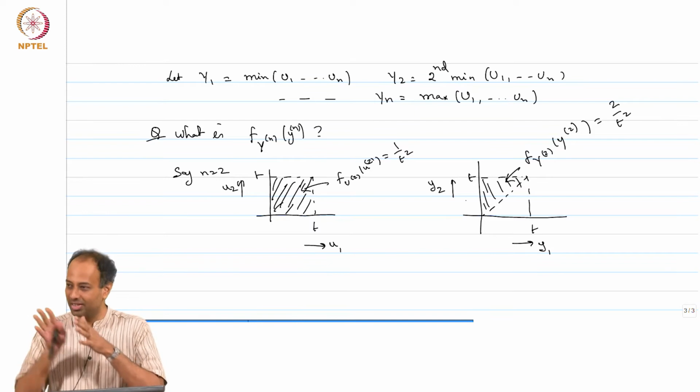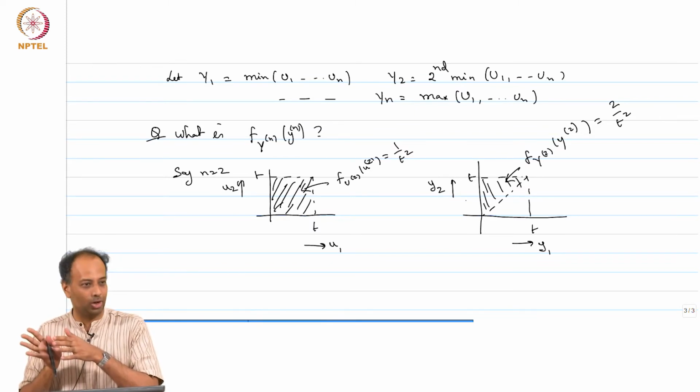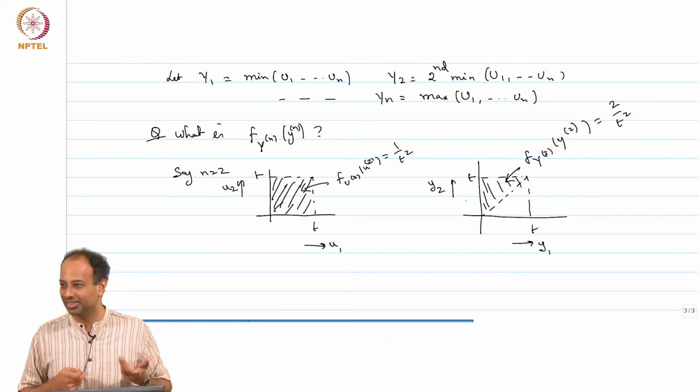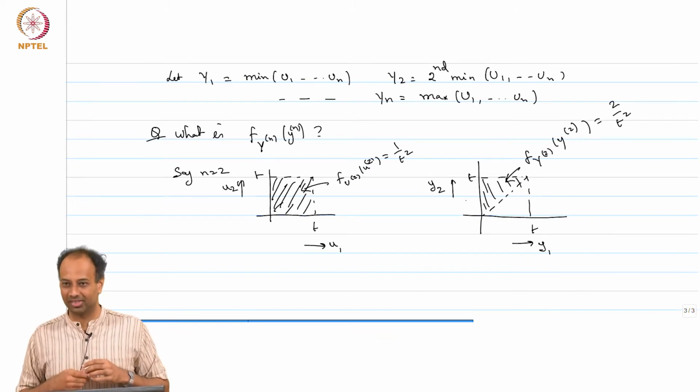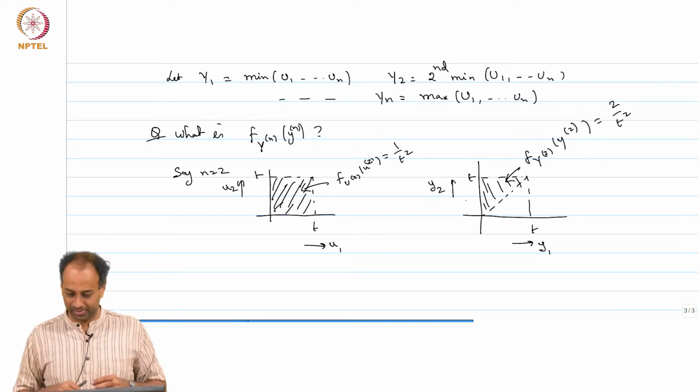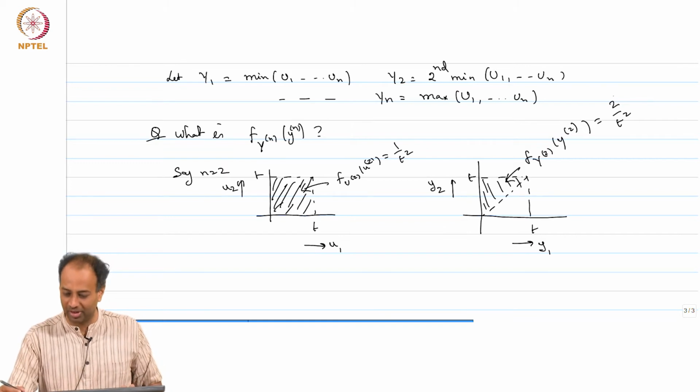The density will have to be n factorial times bigger. Same sort of logic, except you can't draw it. There is nothing different. This 2 is 2 factorial if you like.